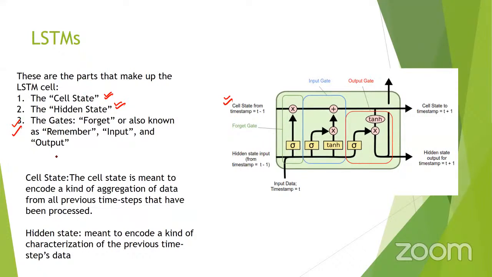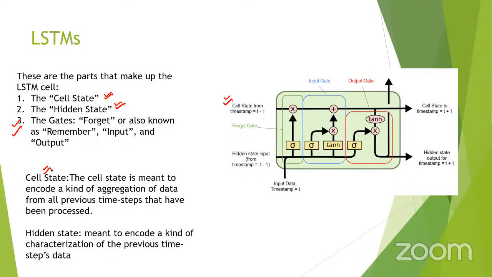The cell state is nothing but the complete memory of your LSTM cell, or your complete LSTM network. It is the thing that is storing the information of the complete data, in an encoded way, not exactly.